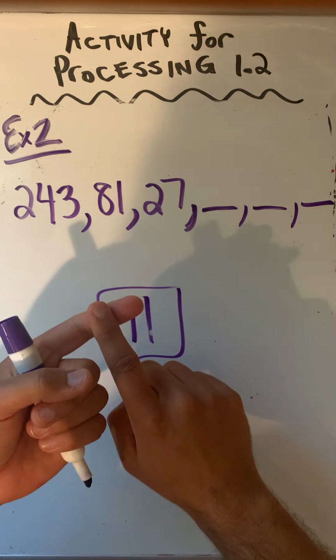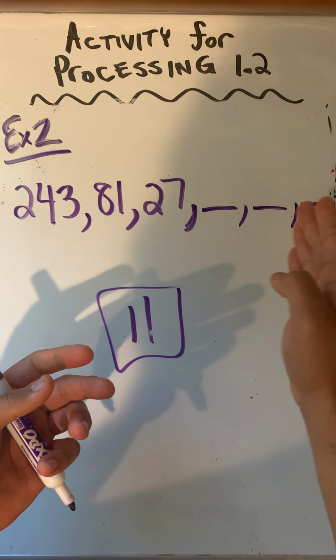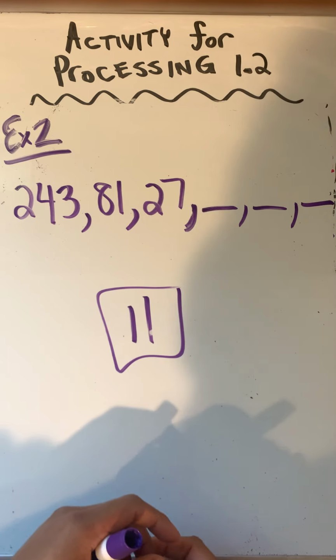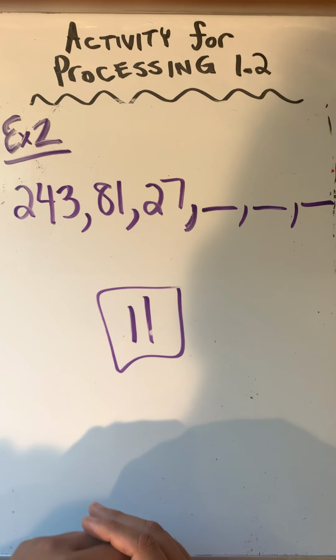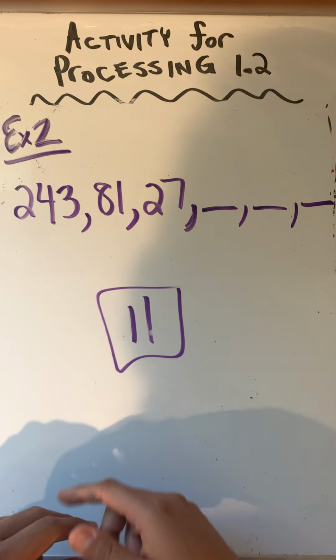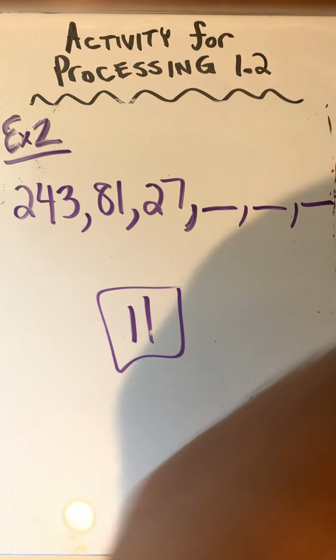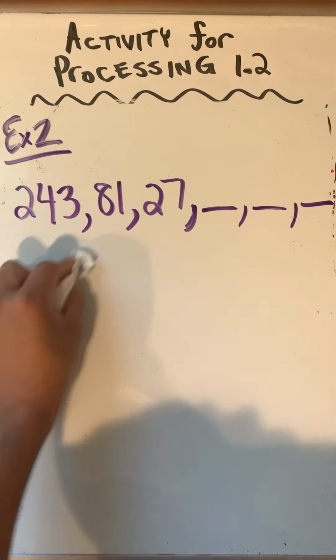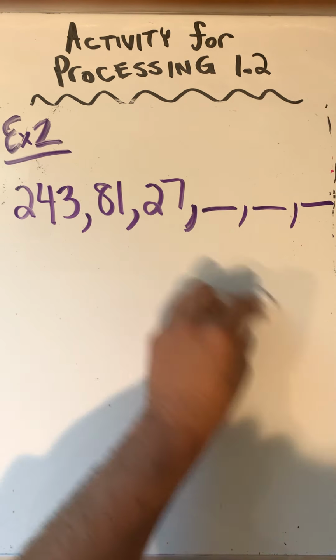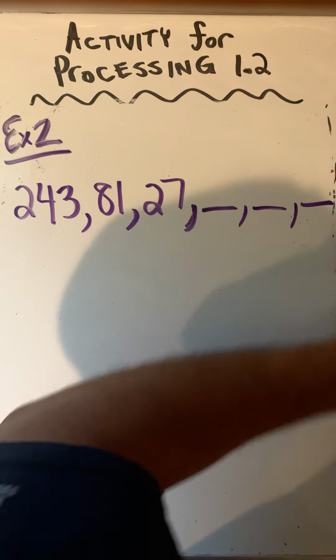See if you can find the growth factor and the next terms of the sequence on your own. Then hit play, come back, and let's run through it together. I'm going to keep going because I'm live and you're not, so when you unpause, it's like I just kept going.